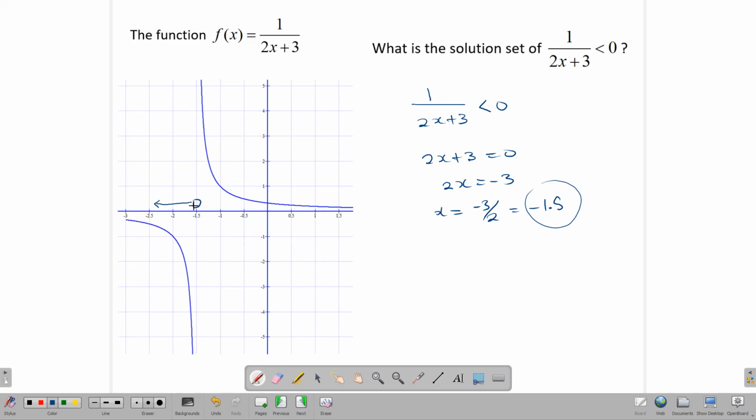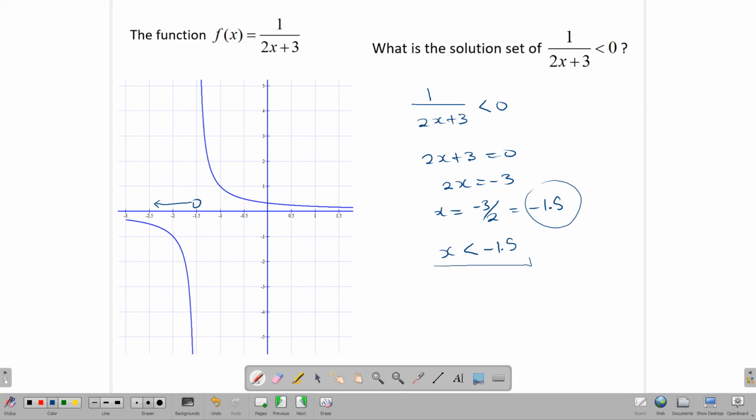So for all x starting at negative 1.5 and going that way, all the values are negative. So the function would be less than 0 if we start at x = negative 1.5 and go that way. So to write that solution, we would say that x would need to be less than negative 1.5.